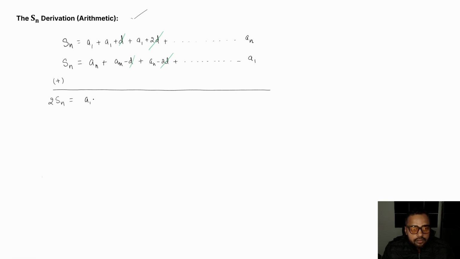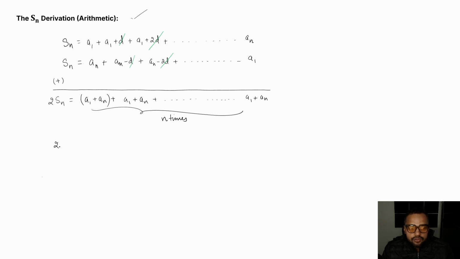The first term will be a1 plus an. Similarly, the second term will also be a1 plus an. Every d term will get cancelled, and the last term remaining will be a1 plus an. You need to think of a1 plus an collectively. How many times is this getting repeated? It is getting repeated n times, students.